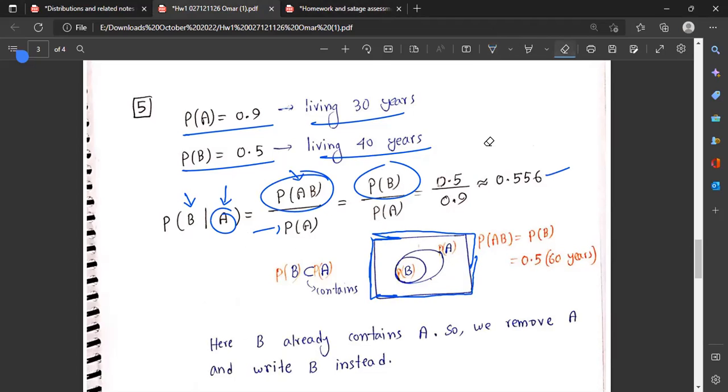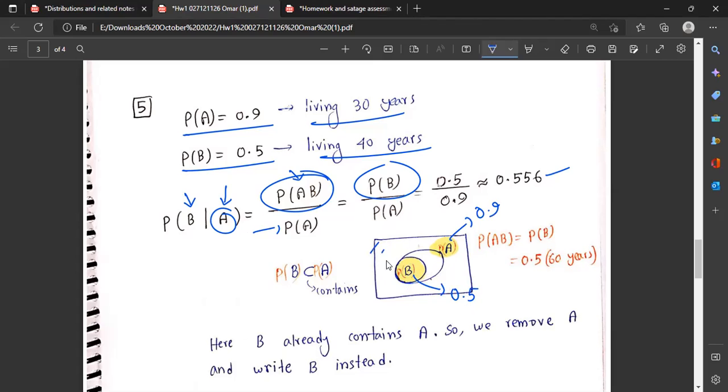And then P of A, it has lived 30 years, is 0.9, and P of B, it has lived 40 years, is given as 0.5. So you see here 0.5 and 0.9.